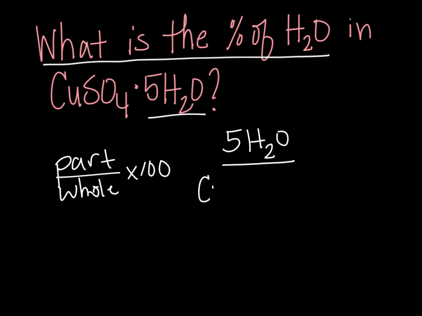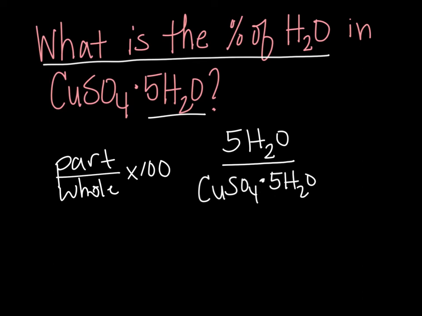Then you would need to find the mass of the entire hydrate. Now when you find the mass of this entire hydrate, this dot, once again, is just used as a connector. It does not mean multiply. Do not multiply. You're still just going to add everything up. It's just a connector. It does not mean multiplication.